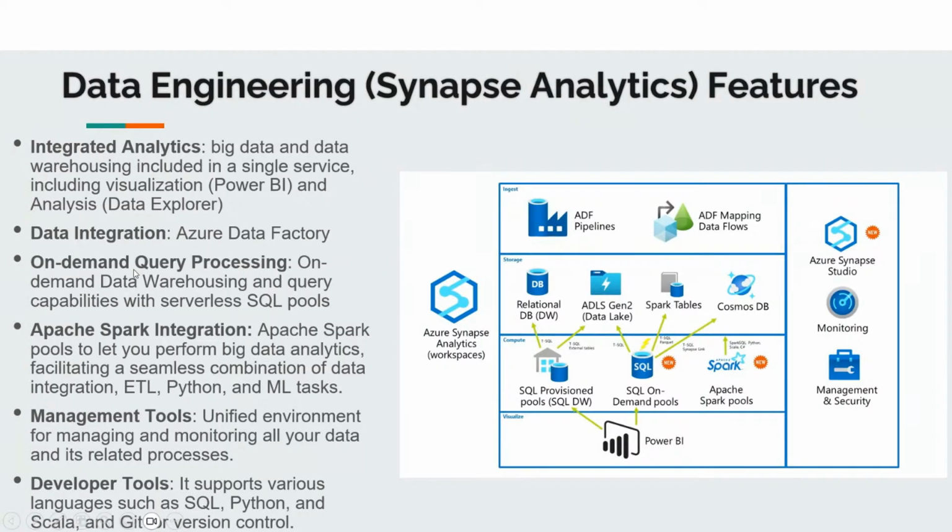So on-demand query processing, I mentioned the on-demand tools, Data Warehouse and Apache Spark. Both have serverless pools. Apache Spark integration allows you to perform big data analytics, facilitating seamless combination of tasks. There is seamless combination of data integration, ETL, Python, and machine learning tasks.